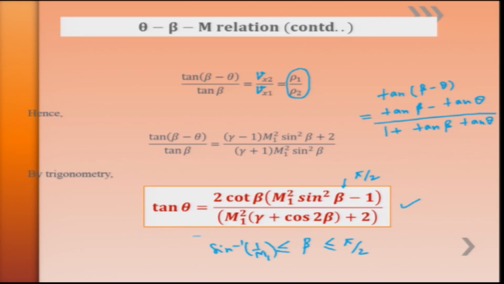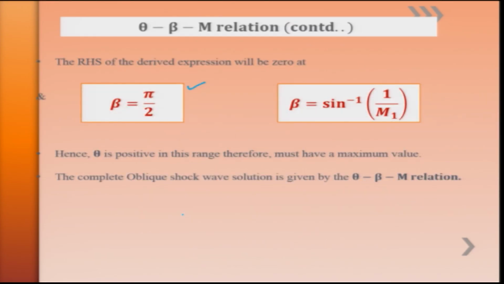In this range of wave angle which an oblique shock can make with respect to the incoming flow direction, I find that theta is positive. Hence we know from our mathematics background that, since the function is zero at two different values and positive in between, it must have a maximum, and that maximum is now our main idea.